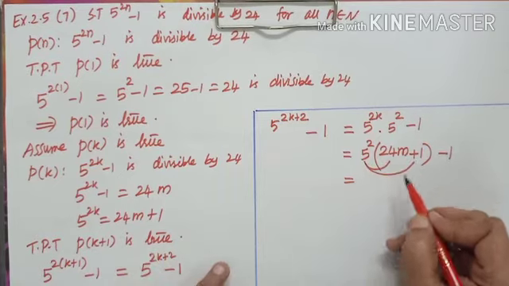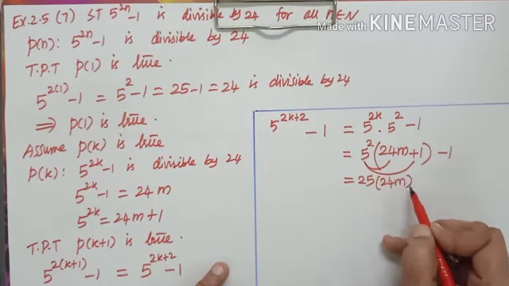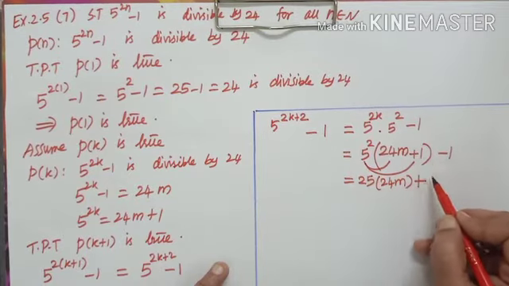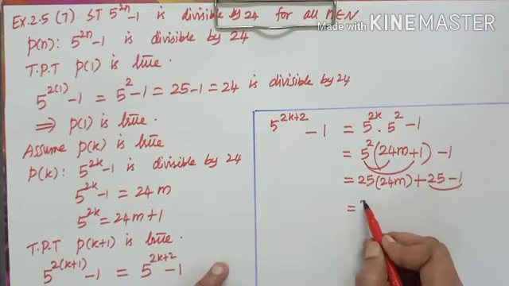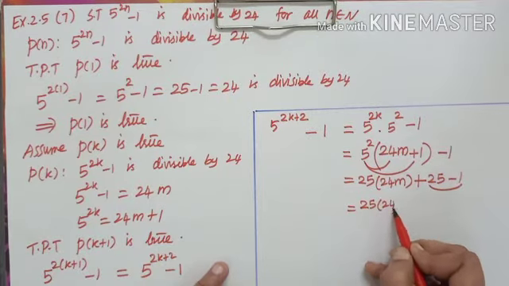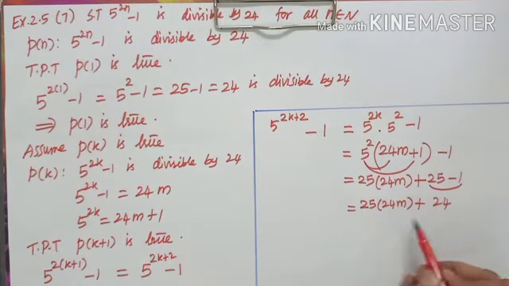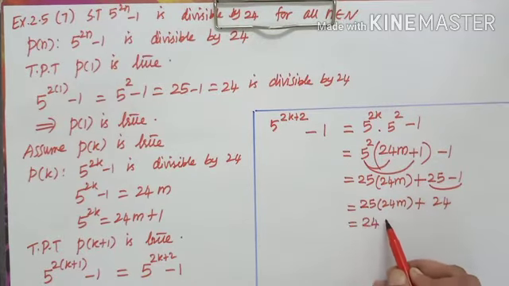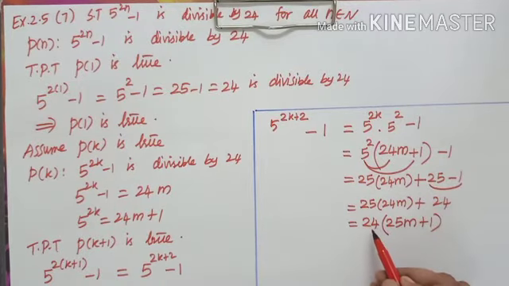Multiply like this. 5 square is 25 into 24m plus 25 into 1, minus 1. Combine these two. 25 into 24m plus 24. In these two terms, 24 is common. So I can write 24 into 25m plus 1.